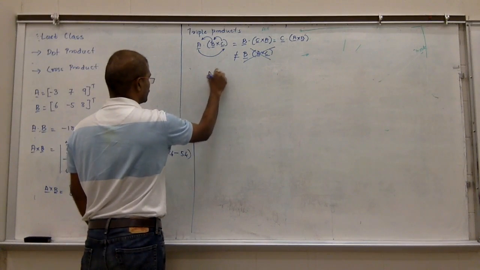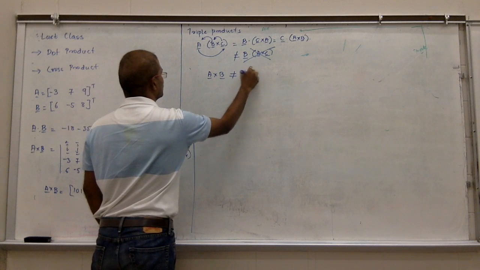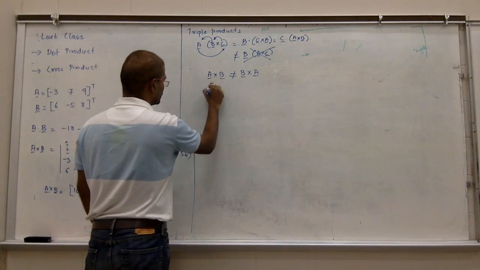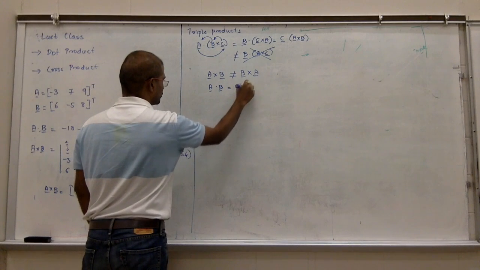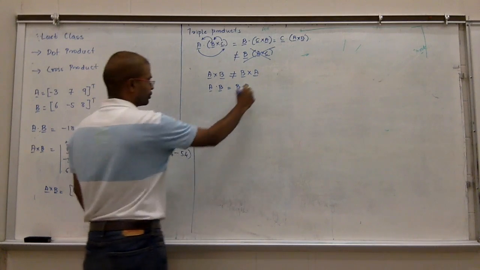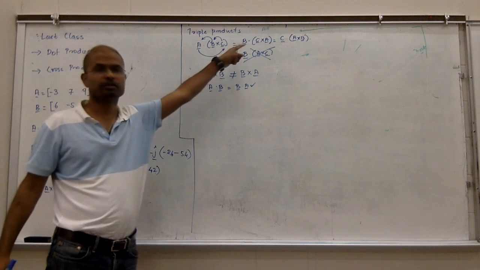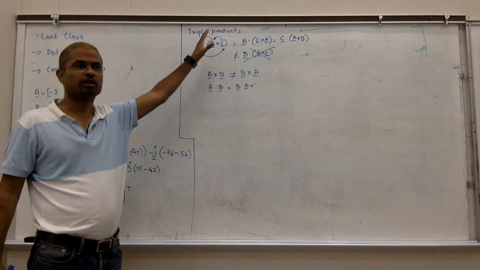A cross B is not equal to B cross A. However, A dot B is equal to B dot A. This is okay. So you have to look at the cyclic order, and you will be required to use it.